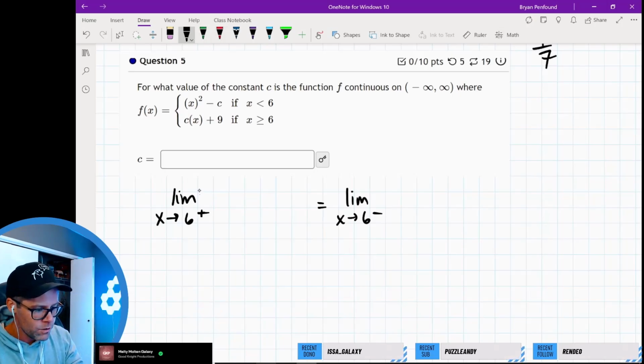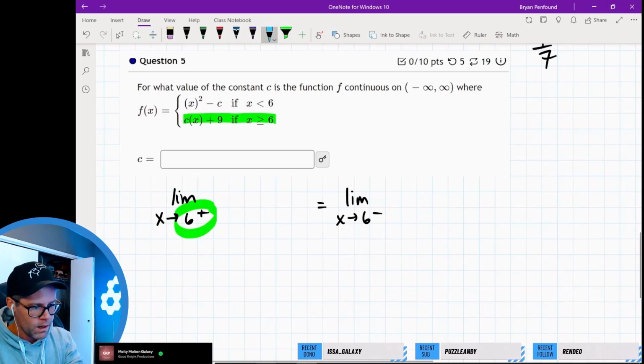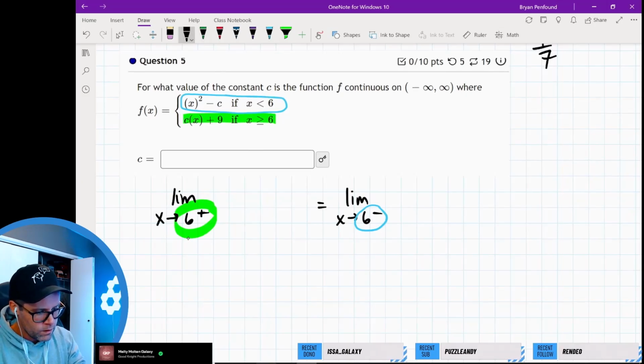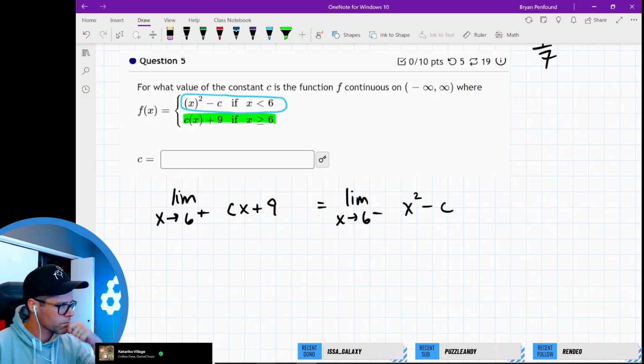For values slightly bigger than 6, we can use cx plus 9. And for slightly smaller, we can use x squared minus c. So that's setting it up algebraically.